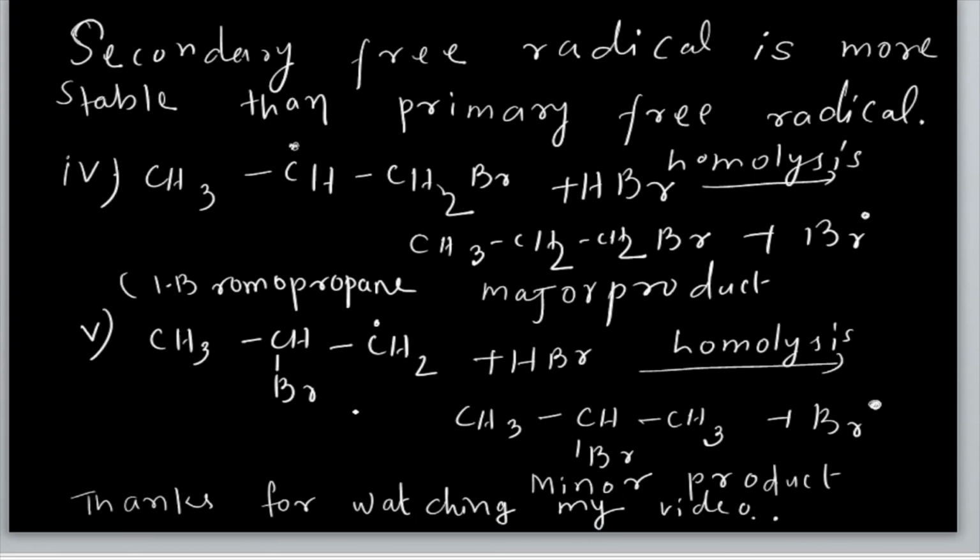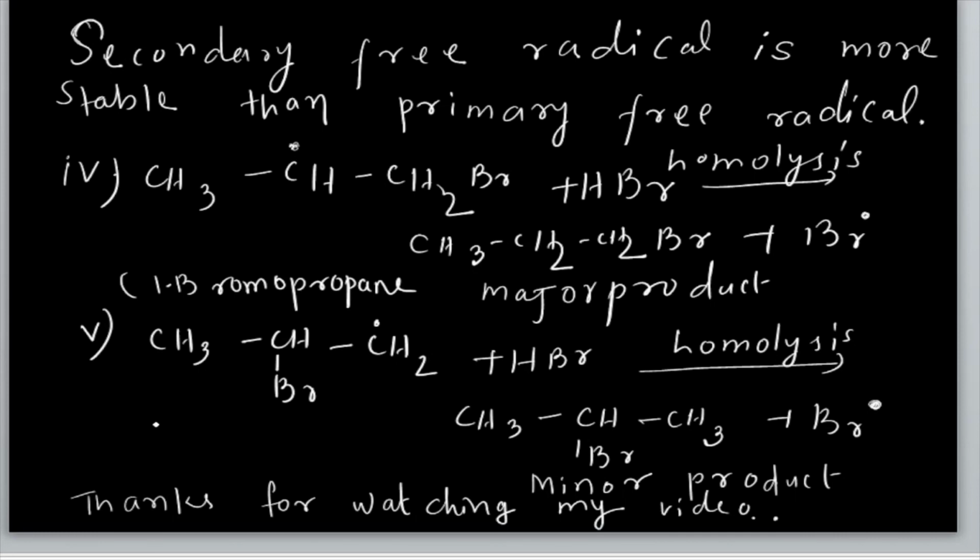But for an unsymmetrical alkene, since the carbon and hydrogen atoms are not the same on both sides of the double bond, one rule, Markovnikov's rule, is followed. According to Markovnikov's rule, the negative part of the adding molecule will go to the carbon having less number of hydrogen. That is why 2-bromopropane from propene is the main product, and the mechanism is already explained.